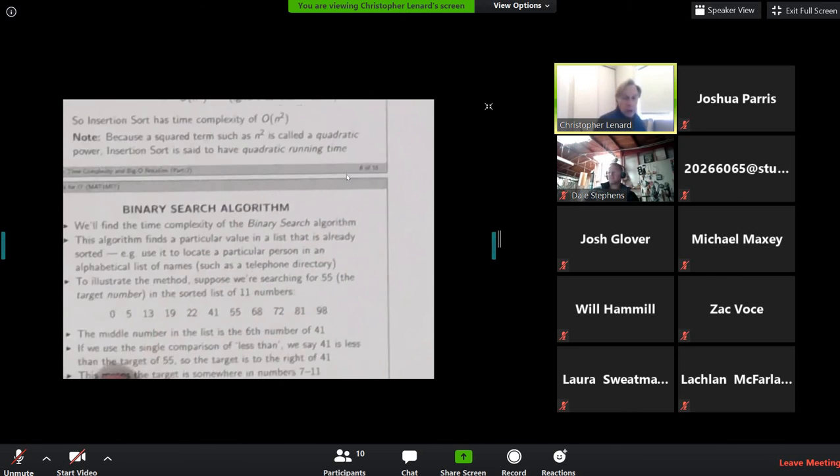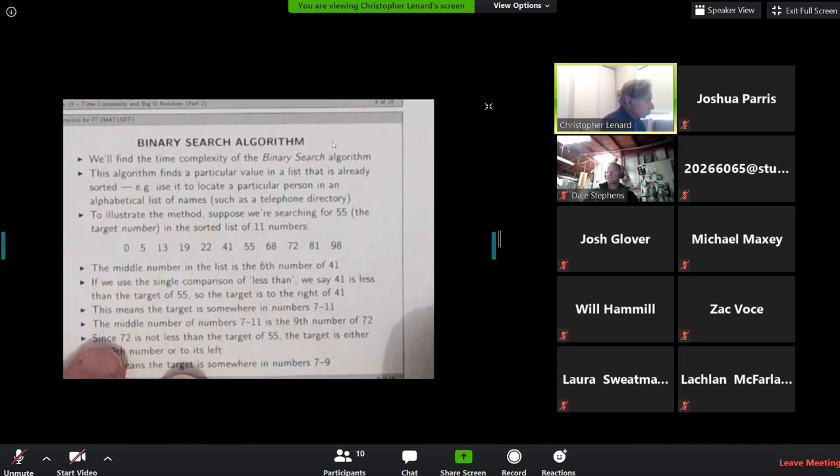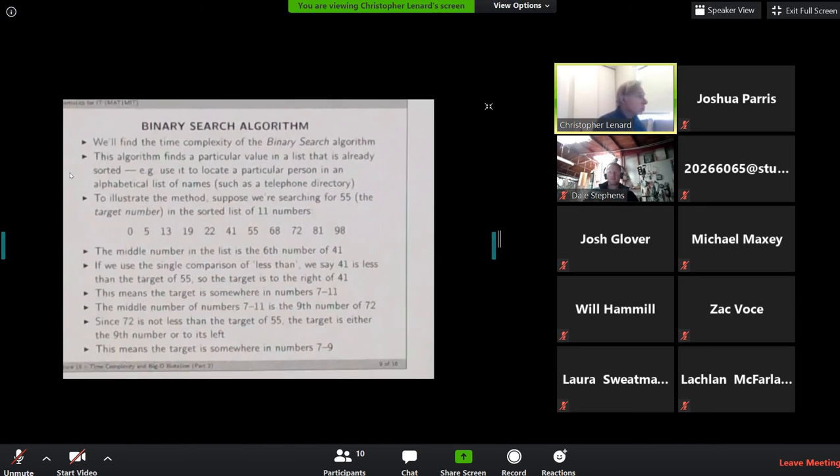Okay, so binary search is just another kind of obvious way of doing searching. Searching and sorting are two of the most common things that we need to do in computing.